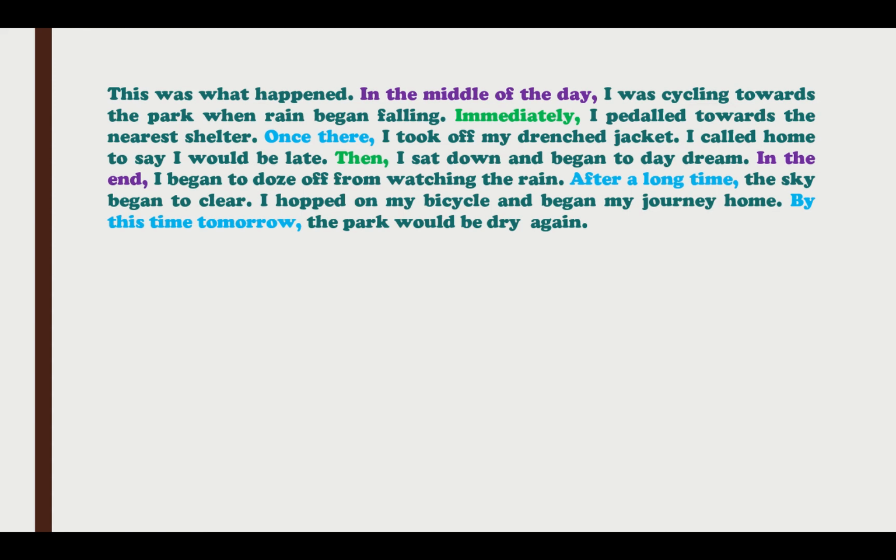Then, I sat down and began to daydream. In the end, I began to doze off from watching the rain. After a long time, the sky began to clear. I hopped on my bicycle and began my journey home. By this time tomorrow, the park would be dry again.